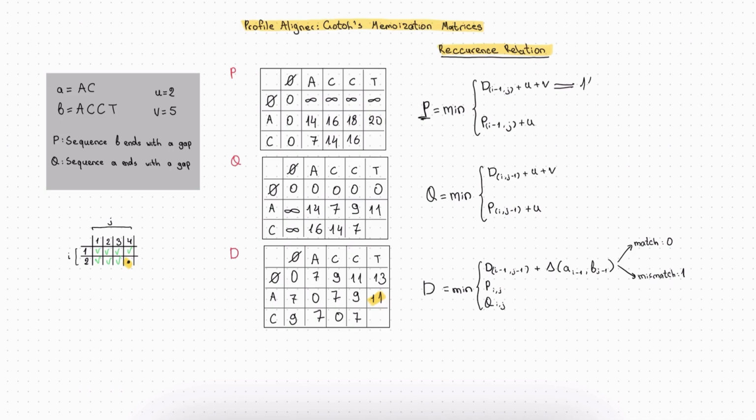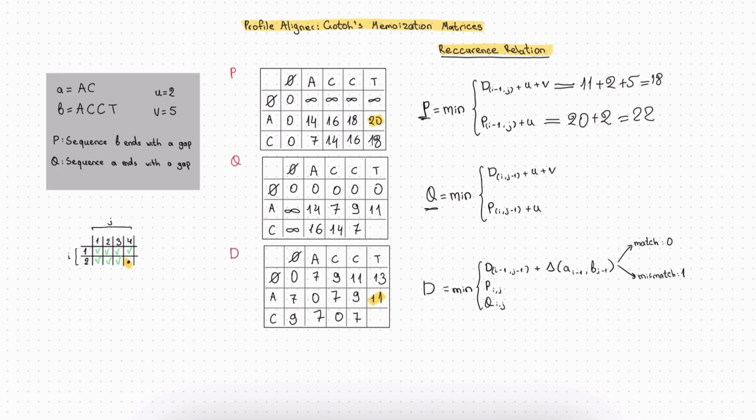So this would be 11 plus 2 plus 5, which is equal to 18. In the second line, we are looking at matrix P in the same location of I minus 1 and j. So over here, which is 20 plus 2, which is 22. So of course the minimum is 18, which is what we are going to keep.